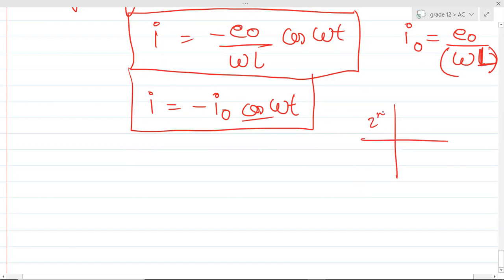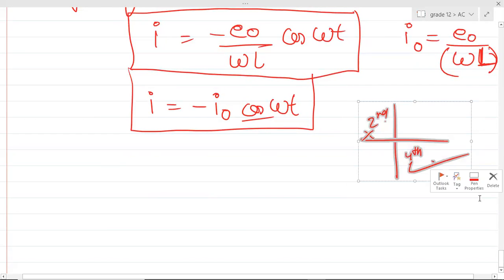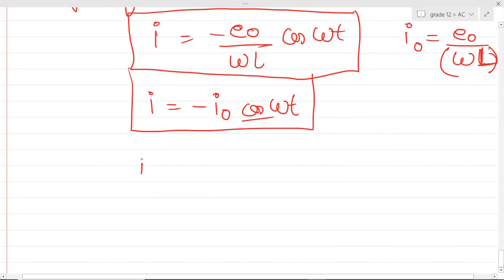It can't be in the second quadrant, obviously, because then omega t plus 90 will come positive. I don't want this. So if I want to convert cos to sine, can you see in the fourth quadrant this will be that, or can I write this thing as I equals I naught sine of omega t minus pi by 2?